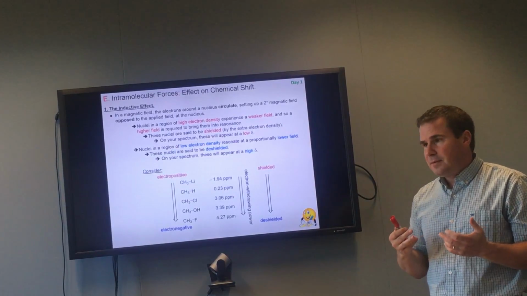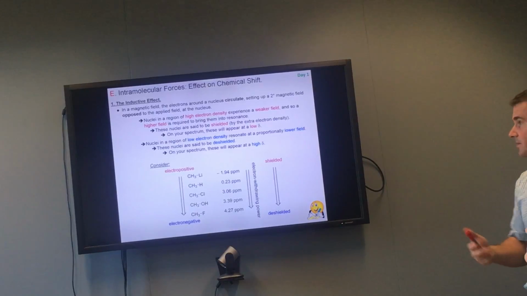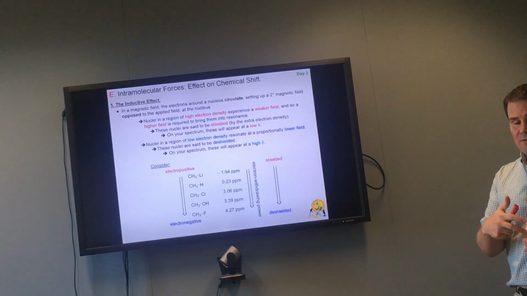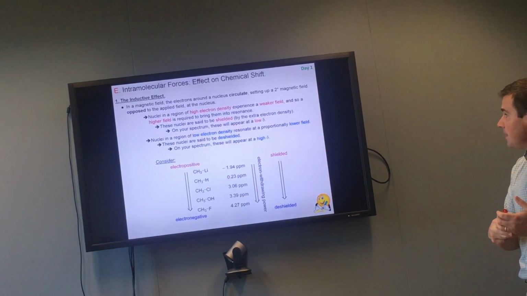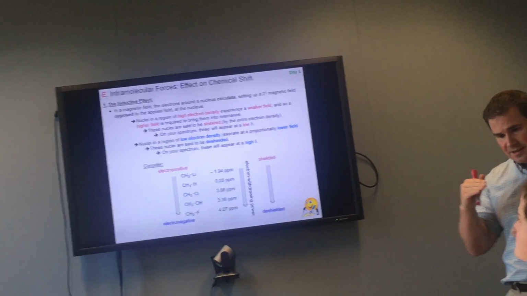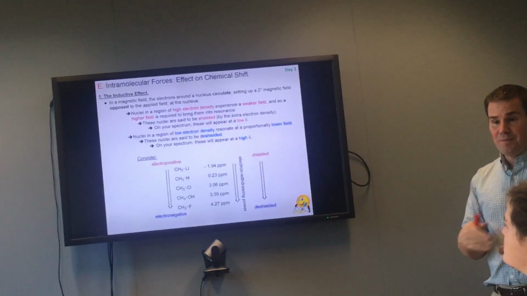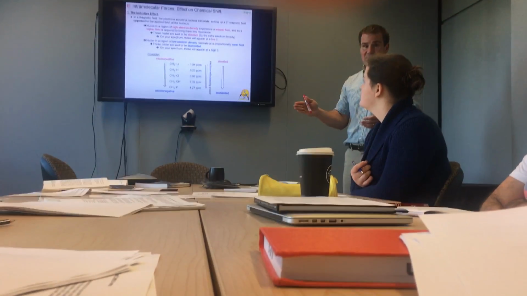So, what does that mean? Nuclei that are in a region of high electron density, lots of electron density around, are going to experience a weaker field because they're being shielded from the applied magnetic field. That means that you're going to need to give a little bit more field in order to bring them into resonance. Remember that back in the old days, when we were doing continuous wave NMR, we were actually moving the field.